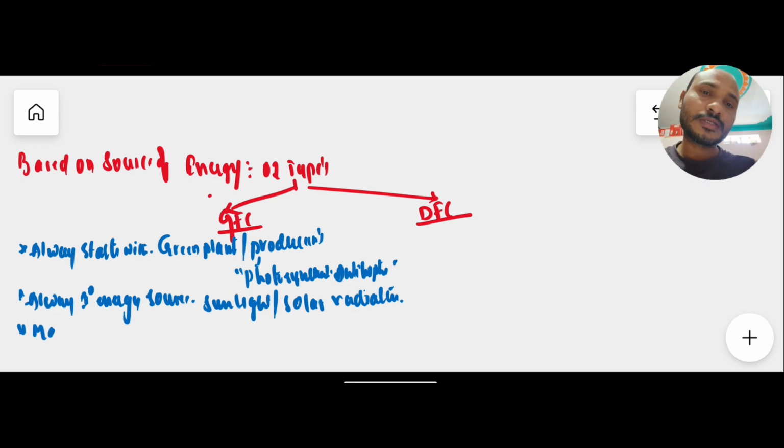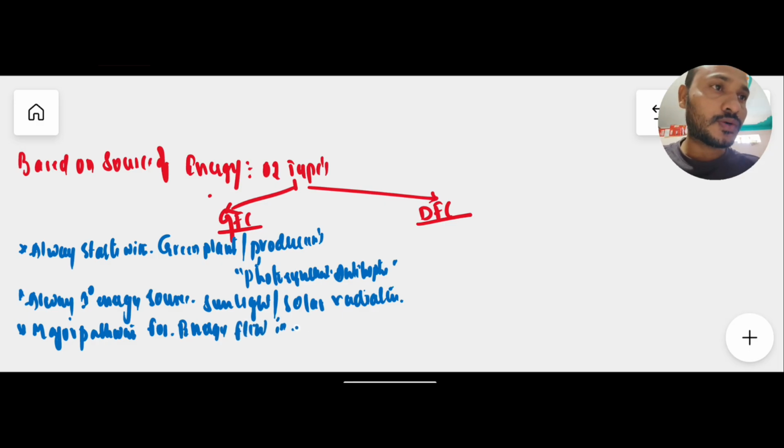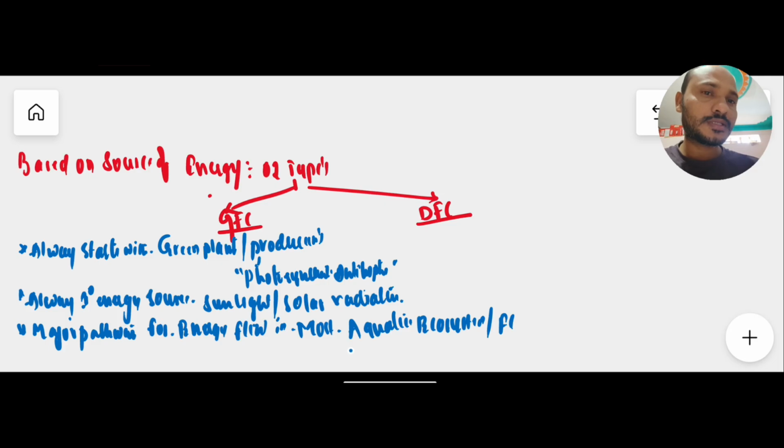This GFC is the major pathway for energy flow in most aquatic ecosystems or aquatic food chains, rather than DFC.